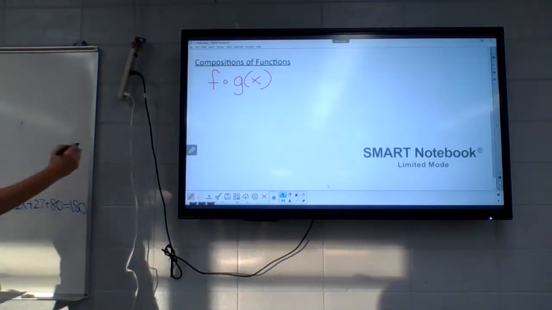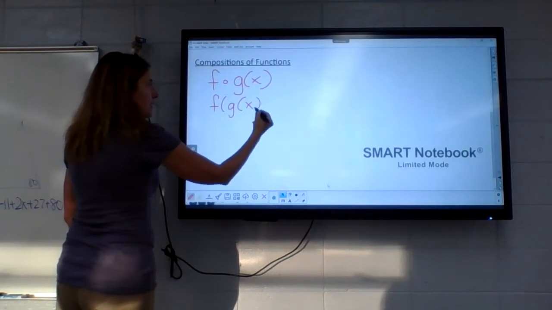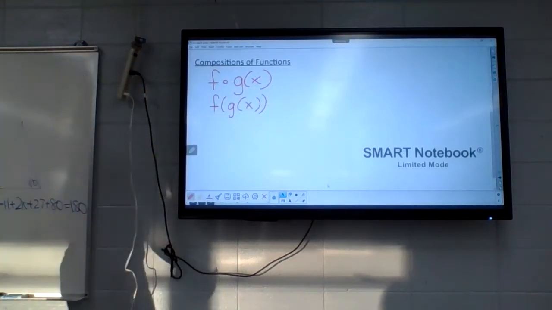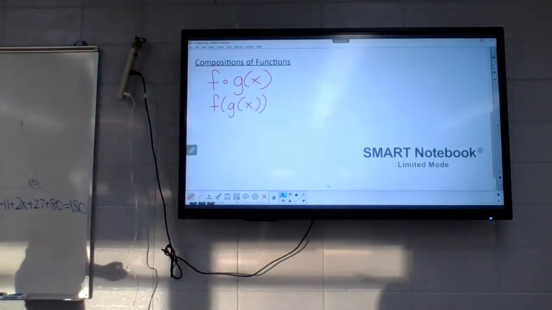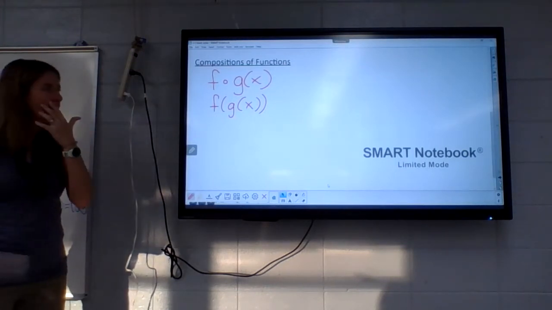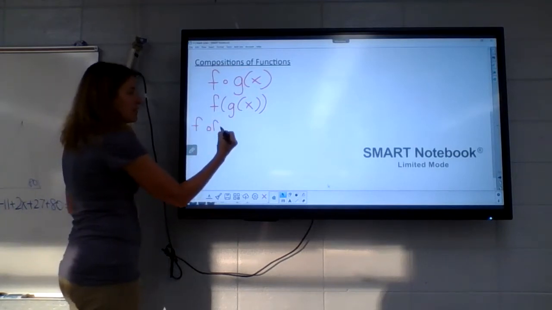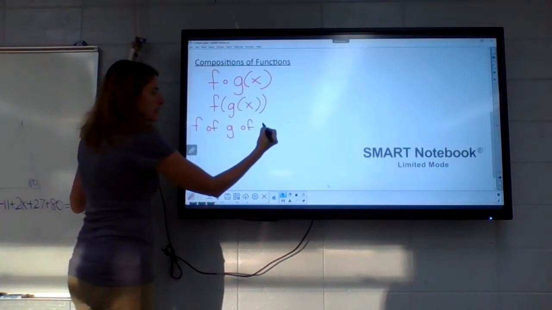This is the same thing, we'd write it like this. But for whatever reason, the math people decided that little f with the circle g looks like f-o-g, or "f of g of x." This is really saying f of g of x.